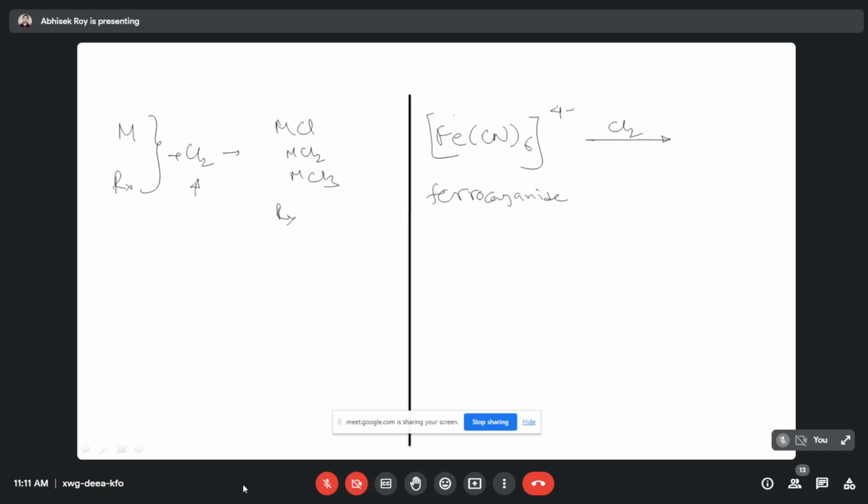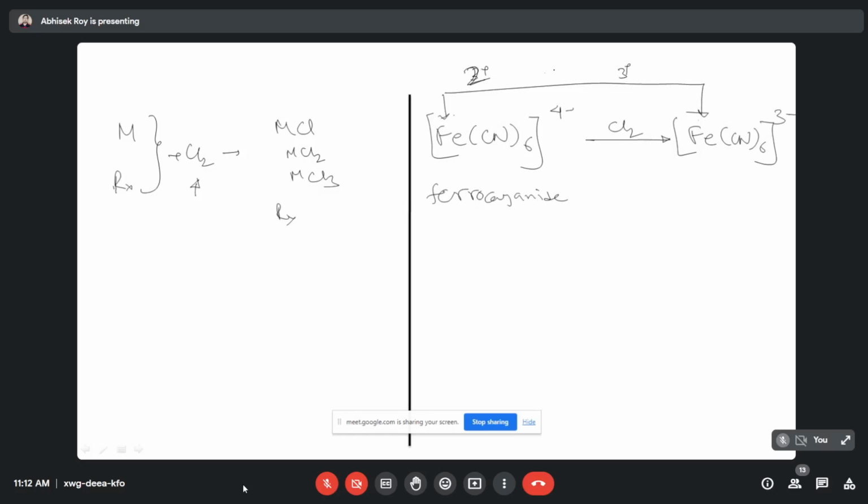So ferrocyanide will first be converted to ferricyanide, Fe(CN)6 3 minus. Here the oxidation is happening, the iron goes from 2 plus to 3 plus.